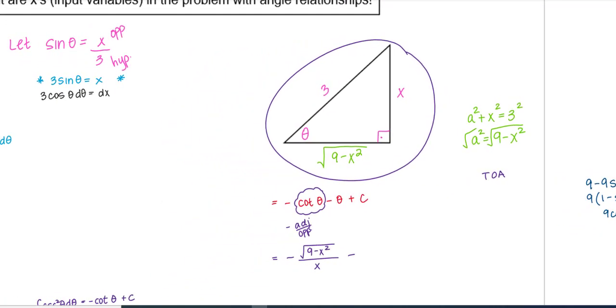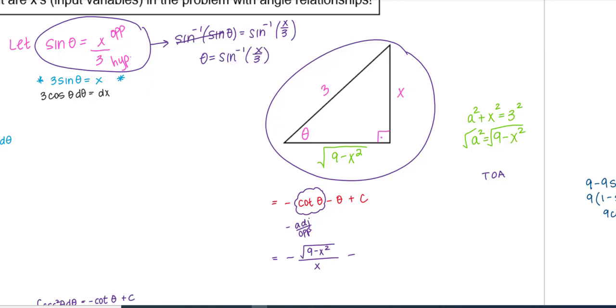You started this by saying let sine of theta equals x over 3. So if you do have to solve for theta, one easy way would be to take the inverse sine of both sides to solve for theta. And I could say theta is inverse sine of x over 3. I could have also said it's inverse of cosecant and reciprocate that, so 3 over x.